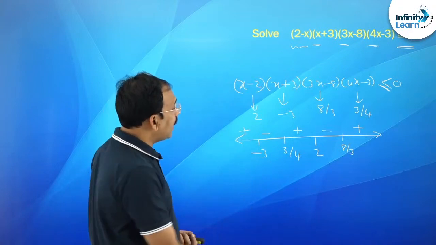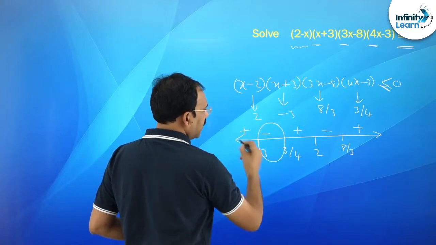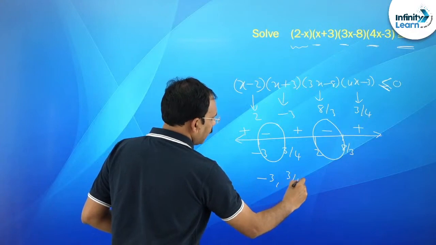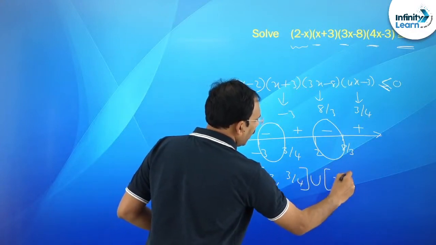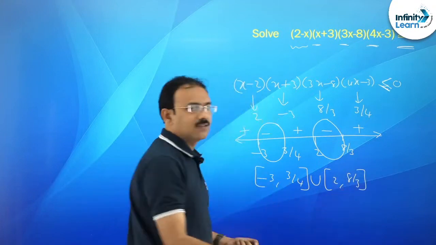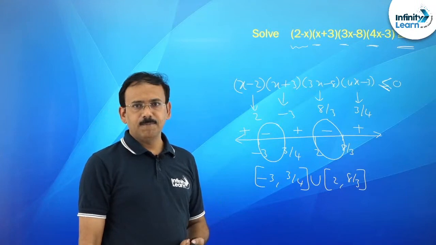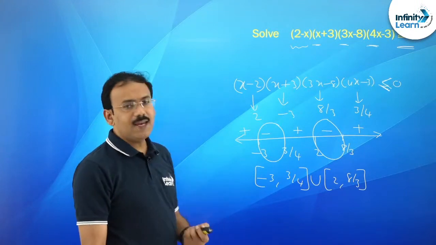Clear? Now I want less than or equal to 0. So the negative part you have to take, this and this. So minus 3 to 3 by 4, closed, union, 2 to 8 by 3, closed. That is all. So dear students, in this way we can easily solve any polynomial inequation, right?